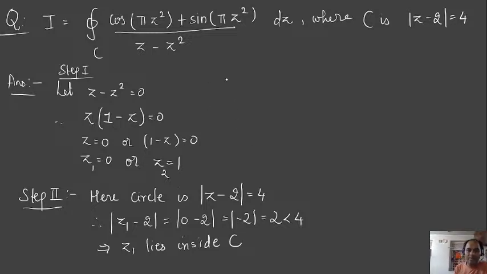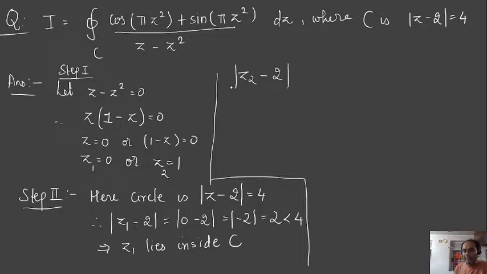Now we go for the next part. Here we have to check z2 minus 2. Z2 is 1, so it is 1 minus 2, right?